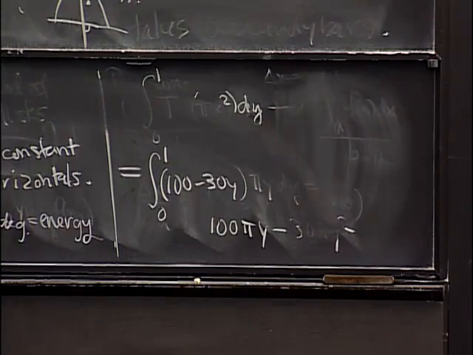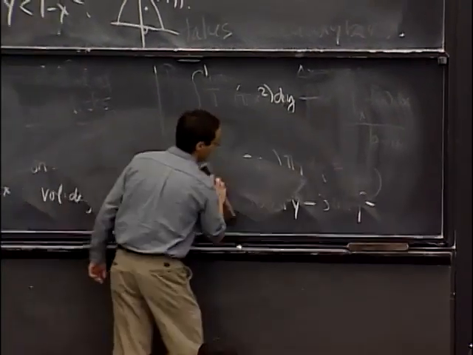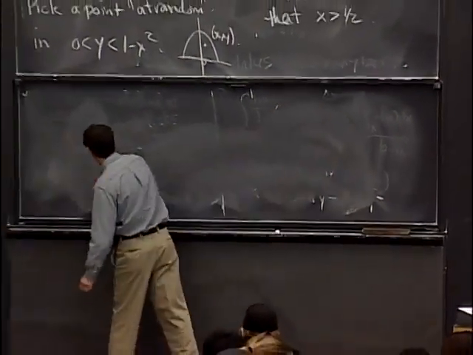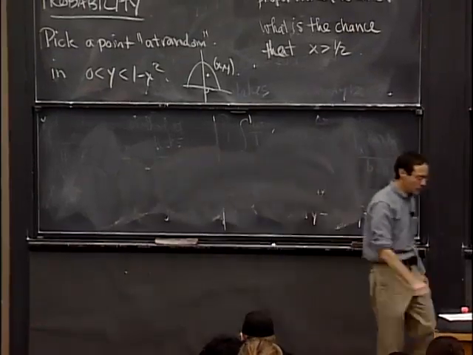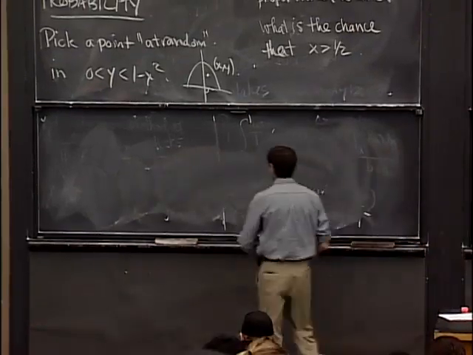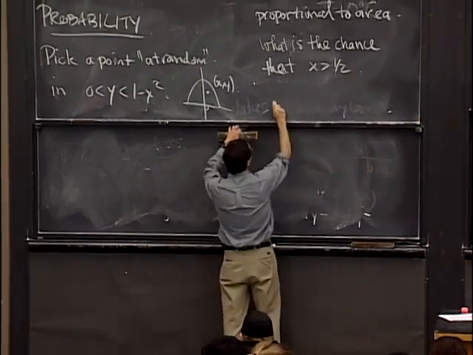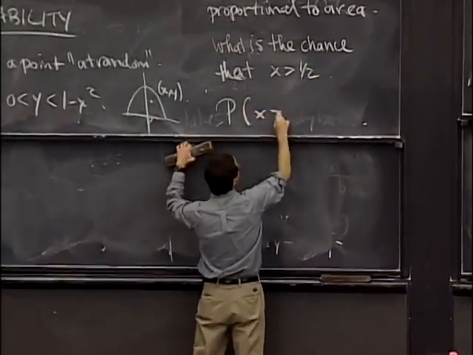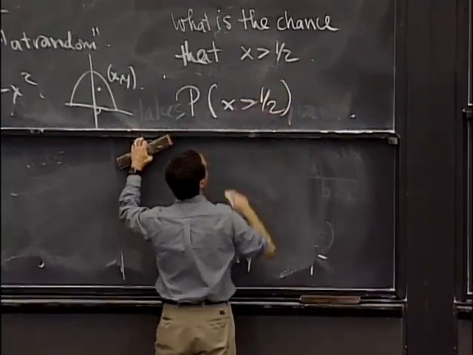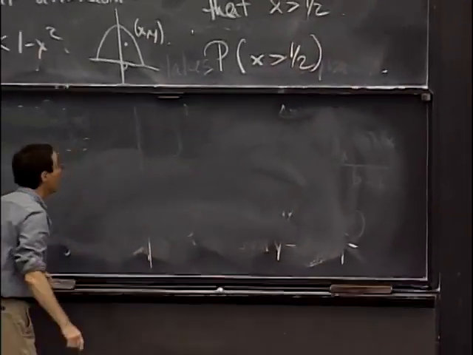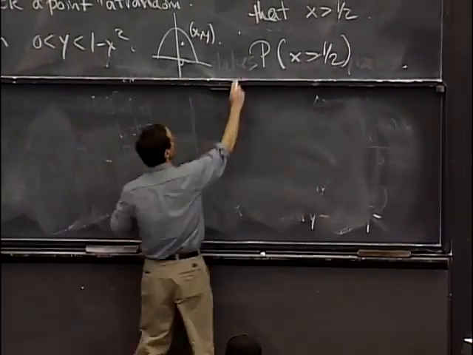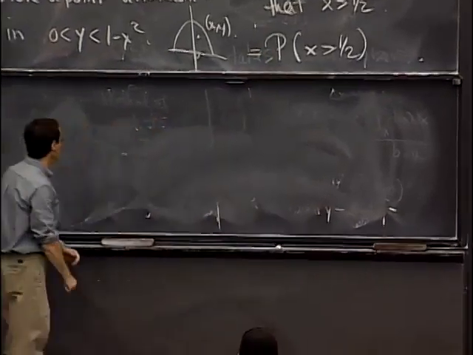Now let me show you what's going on here, and this is always the case with things in probability. So first of all, we have a name for this. This is called the probability that x is bigger than a half. And that's what it's called in our notation here.